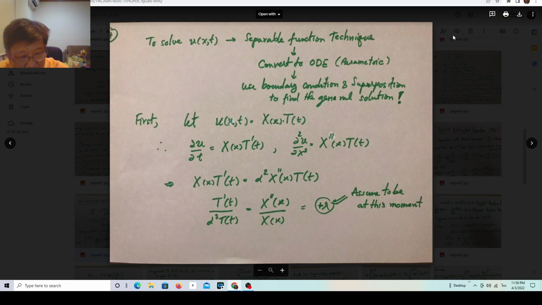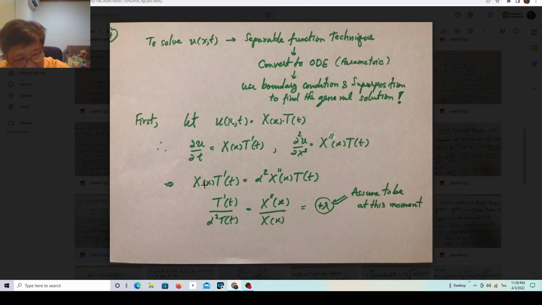Let's just say this. What we are doing is dividing both sides by alpha squared times X(x)T(t). If you use alpha squared times X(x)T(t) here and use this replacement and divide on both sides, this is the result that you get. You get T''(t).